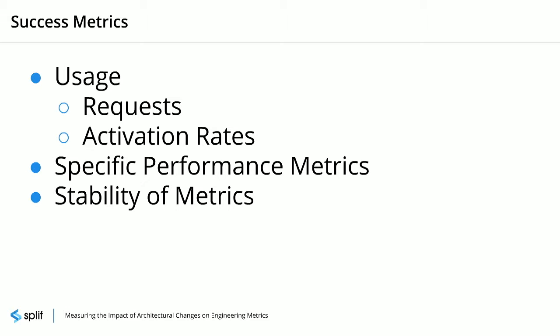But for a lot of the changes that one might be making, you aren't actually intending to drive metrics in one way or another. And so being in a position to track a variety of metrics and ensure that they're remaining stable or that they aren't degrading in a meaningful fashion gives you that peace of mind to know that there aren't outlying issues that you have to worry about.